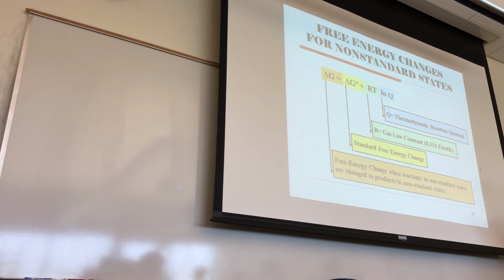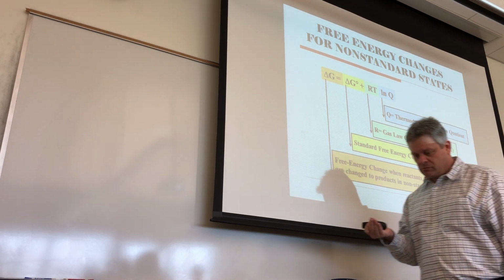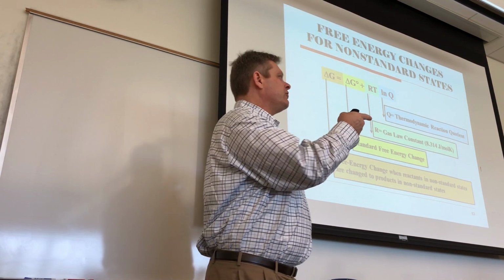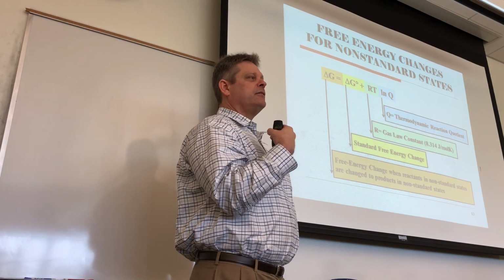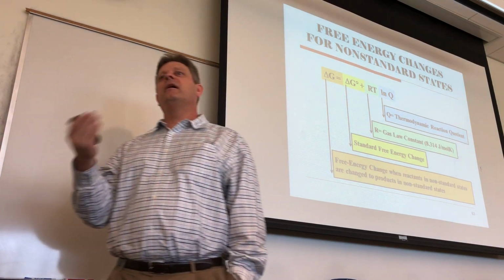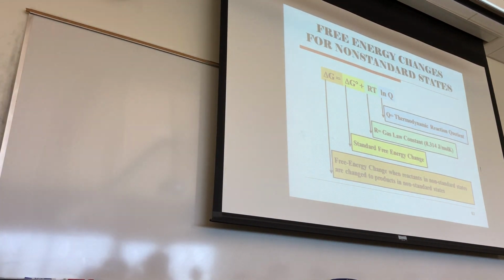Now, Q would tell me where I'm at. How do I determine Q? Partial pressure, if I'm dealing with gases, right? And if I'm dealing with aqueous solutions at 1 molar, then I'm dealing with molar concentrations. Okay, so we're going to primarily use this in the context of partial pressure on Q relative to the reaction.